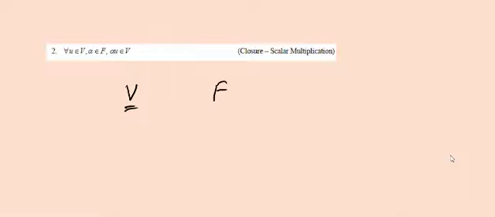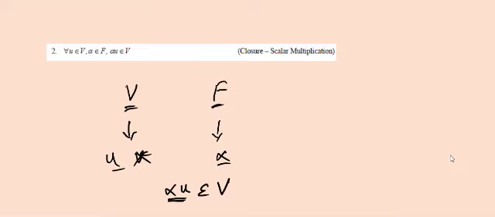I should take one vector, u, and one scalar, and I should say whether this scalar product, that is scalar multiplication, belongs to the same vector set that we took.